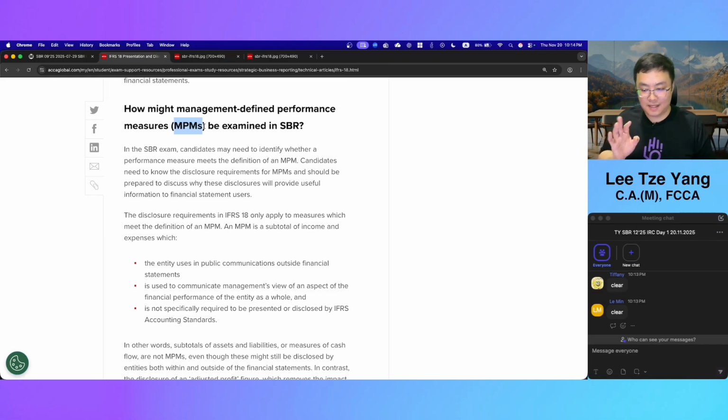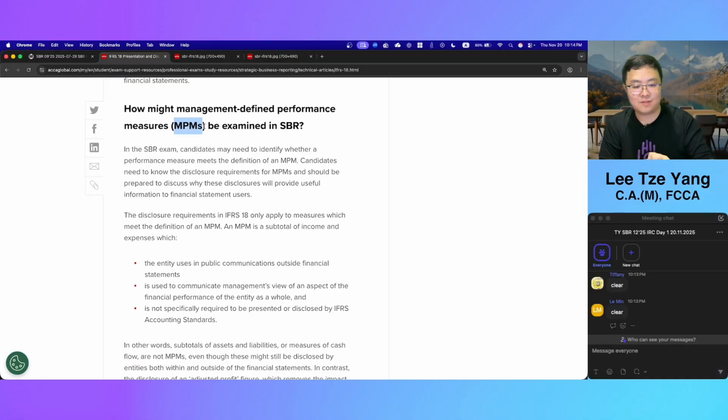The answer is yes, very likely. So for most listed companies, the answer to whether the entity uses MPM is yes. But if a company does not publish MPM, this section they can ignore.